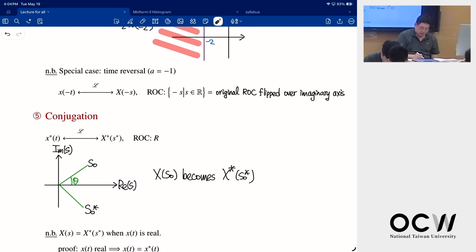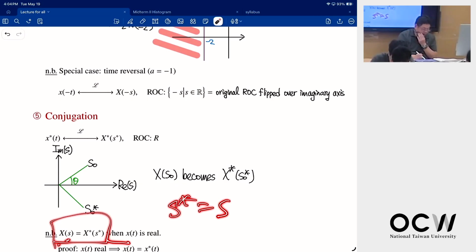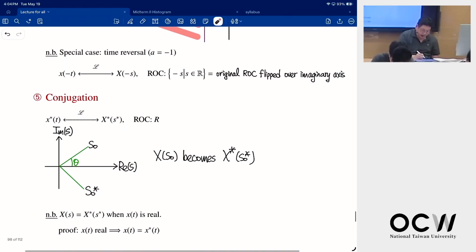But when the signal is a real signal, the conjugation is still the same. So this equation holds, because when x is real, the conjugation of x is still x.